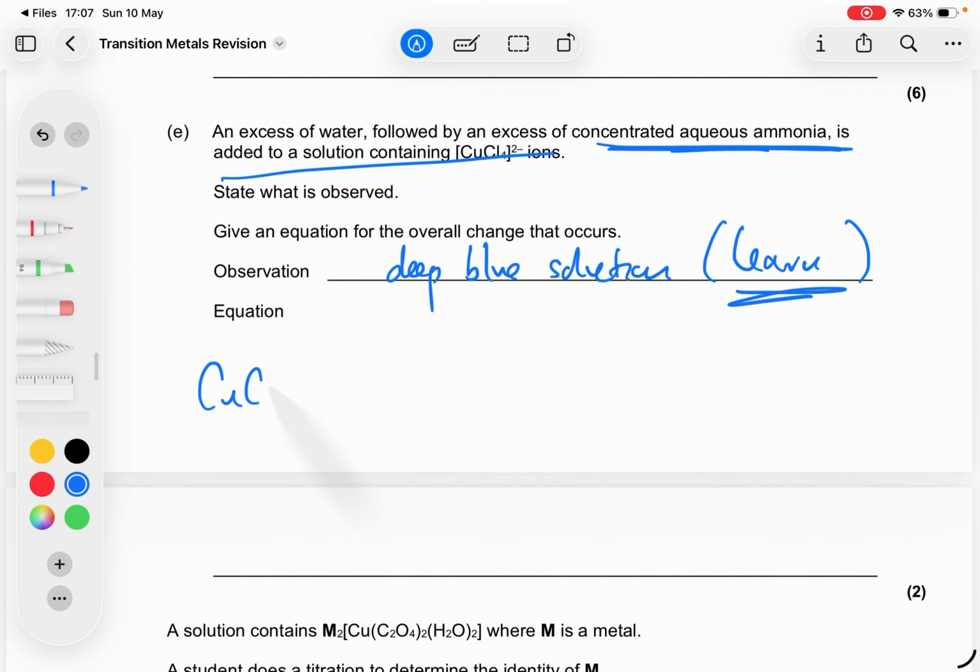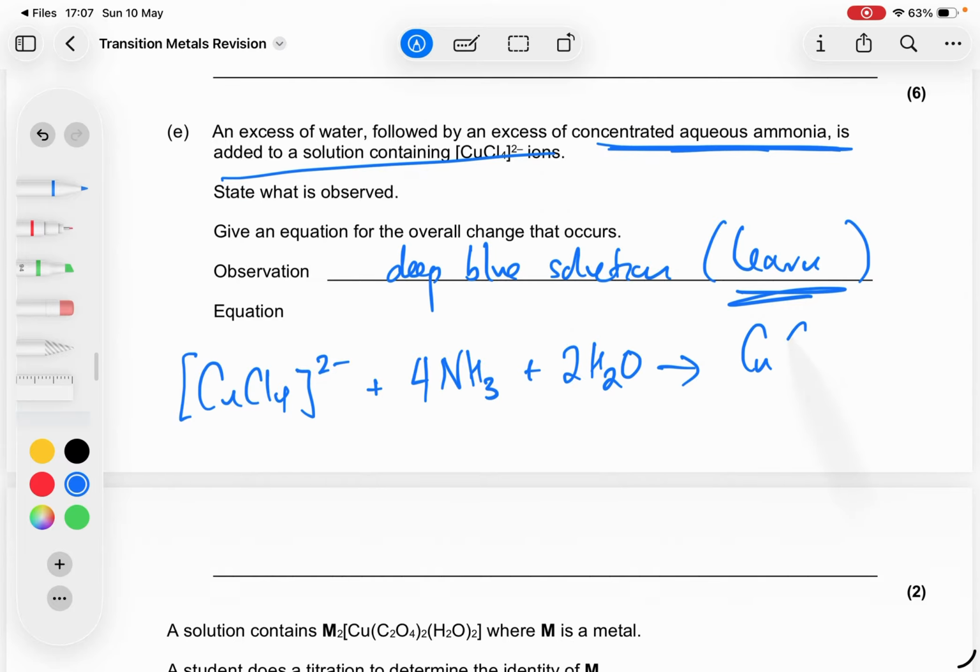And the equation: CuCl4 2- reacts with 4 ammonia, because copper doesn't undergo full ligand exchange, and with water that gives the complex formed plus 4 chloride ions.